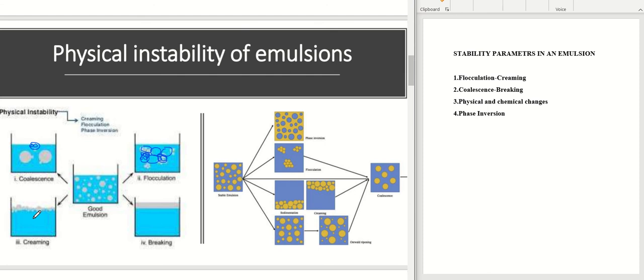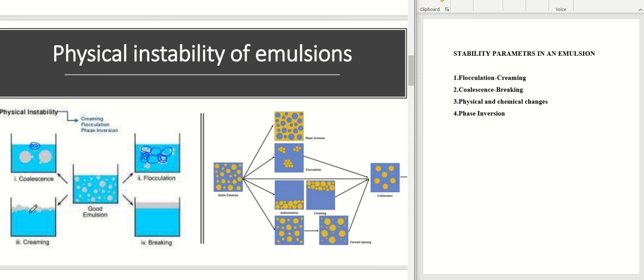If oil is much less dense than water, all the oil globules will tend to float and form a cream, a layer. So if one phase is much less dense, it tends to float and migrate onto the upper surface of the formulation.